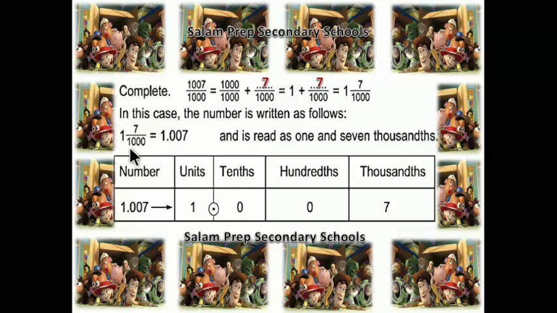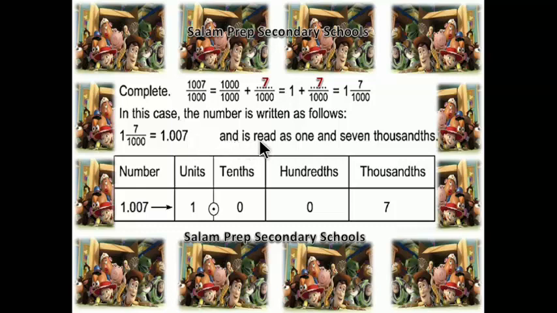This is mixed number, so we can write decimal point firstly, okay, and then write the whole number. The whole number here is 1, so we will write 1 in the whole number part, okay? Now we will write 7 over 1000. So in decimal part we need to write 0 in tenths, 0 in hundredths, 7 in thousandths, okay?